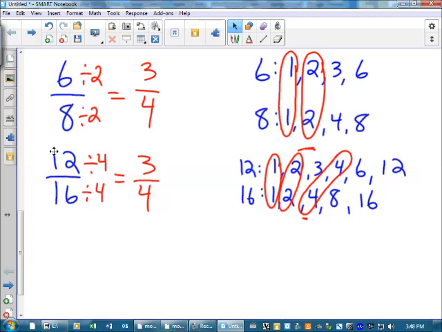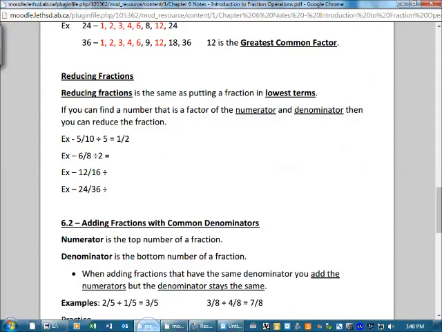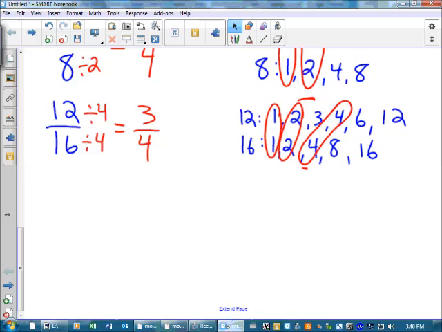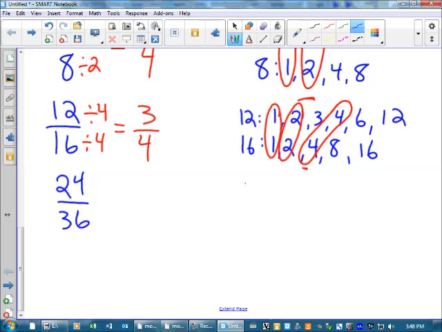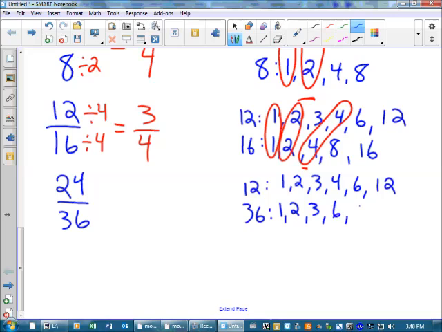Okay. Let's look at one more. Let's look at 24/36. Okay, let's list them. 12 should be easy because we just did it. So we got 1, 2, 3, 4, 6, and 12. For 36, we've got 1, 2, 3, 6, 9, 12, 18, and 18 is halfway, and 36.